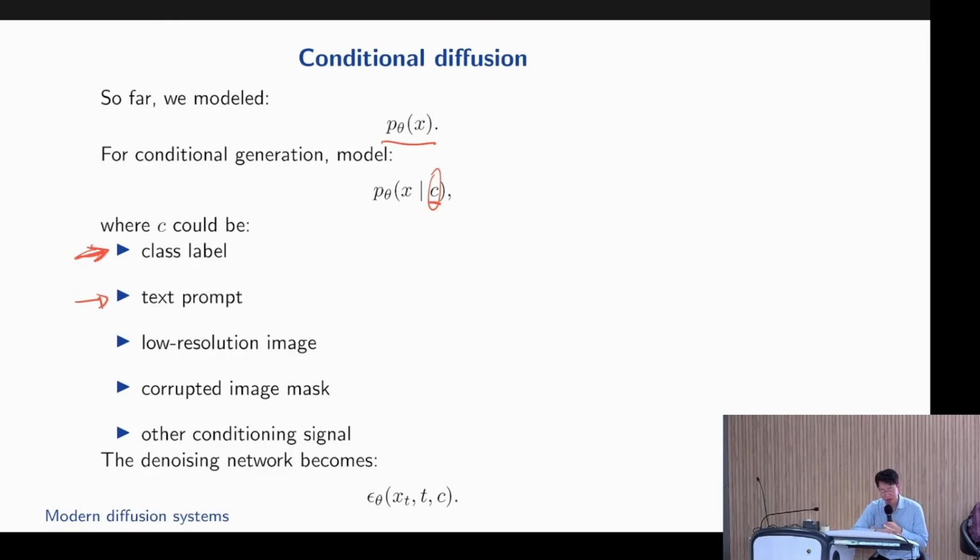We can generalize it to an arbitrary text saying, draw me an elephant bathing itself in a mud pool, something like this. And we could also condition on a low resolution image and try to generate a high resolution image, or even give it some corrupted image and ask it to clean it.